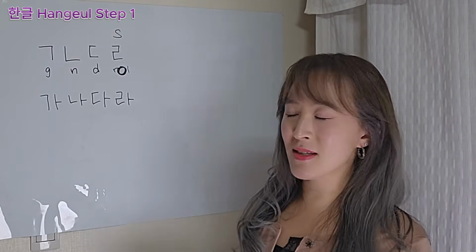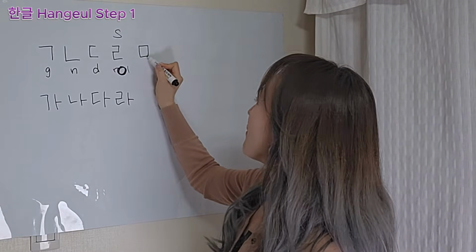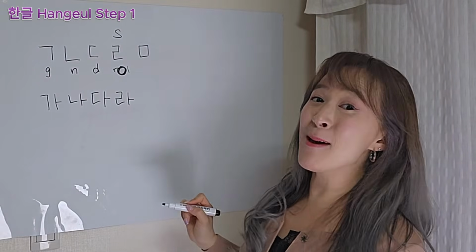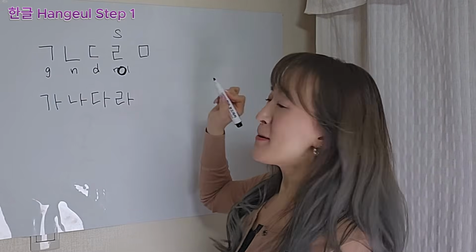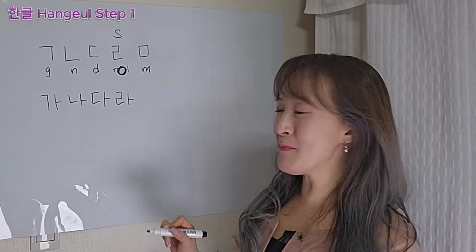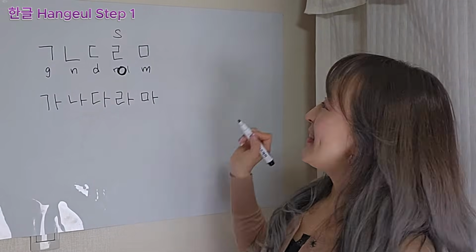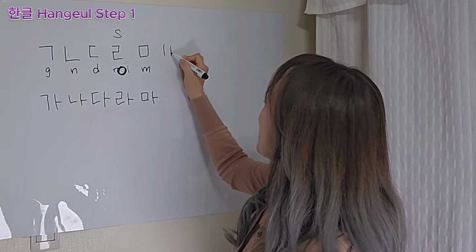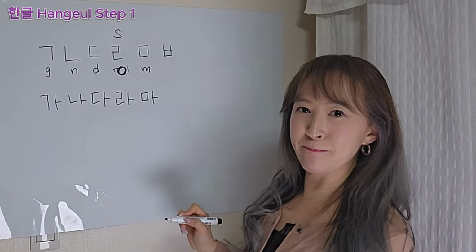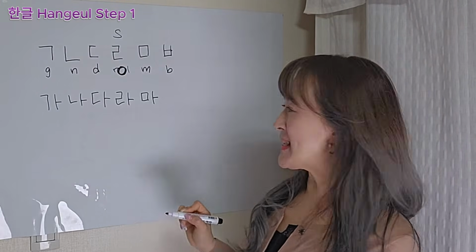So this is the next consonant. And this next consonant is very easy. It's like M, ma. 미음 is the M sound. Ma. And this next one is 피읍. 피읍 makes the B sound.